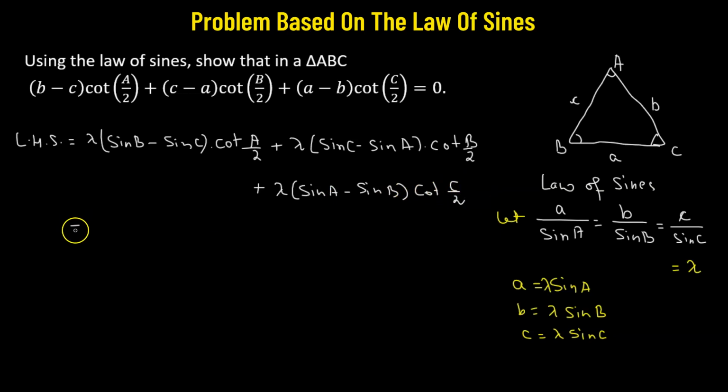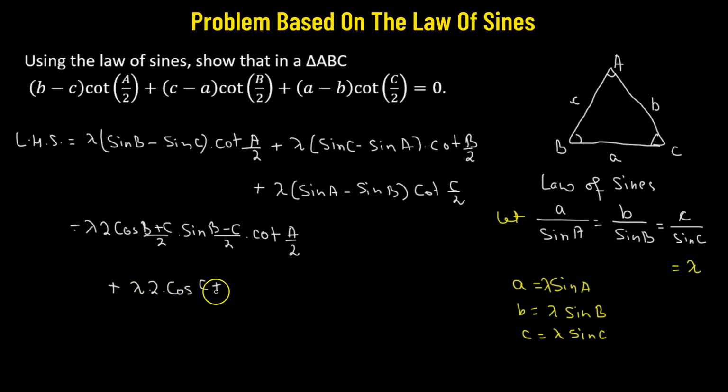Right. Now, we will be using the fact that sine B minus sine C is given by 2 times cosine of B plus C over 2 multiplied by sine of B minus C over 2, multiplied by cotangent of A over 2. Plus the next term will be lambda multiplied by 2 times cosine of C plus A over 2 times sine of C minus A over 2 times cotangent of B over 2.